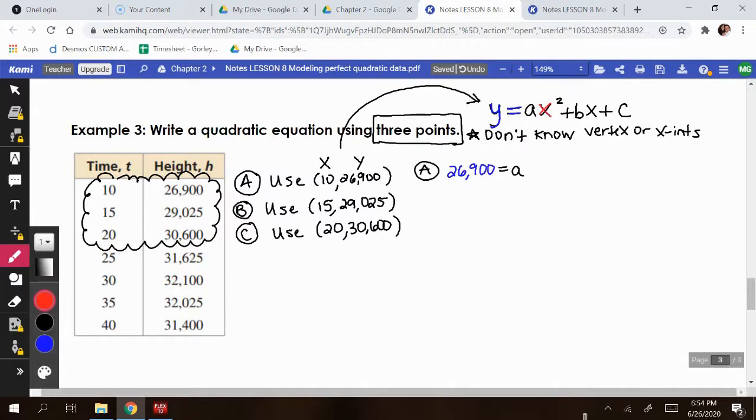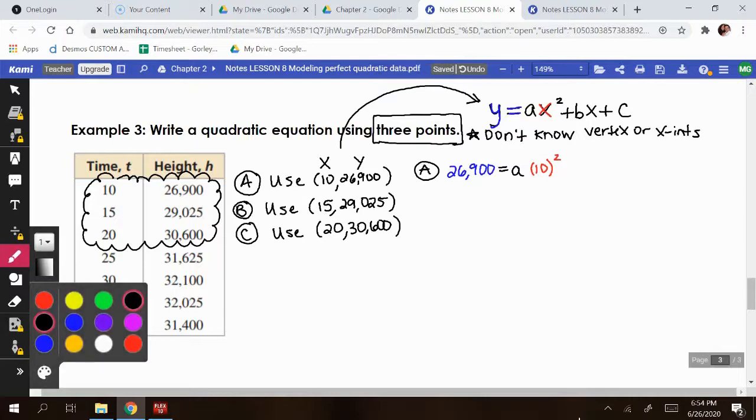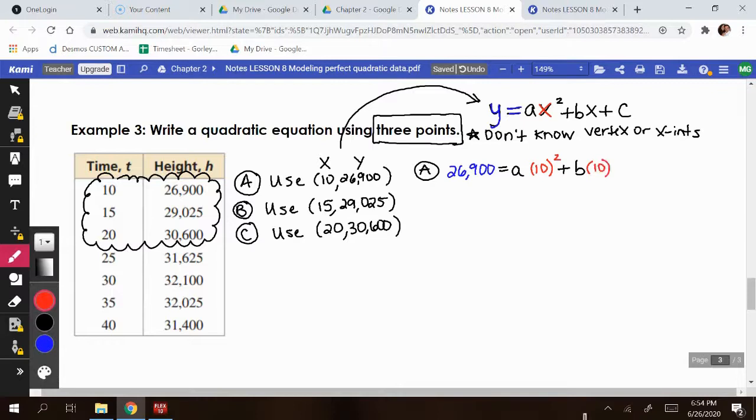What's x in this case? x is 10, plus bx. What is x again? 10. Then we have plus c, right? So what's that going to simplify to for equation A? We're going to get 26,900 equals, this will be 100a plus 10b plus c. Okay, so that's what I'm going to use for my equation A.